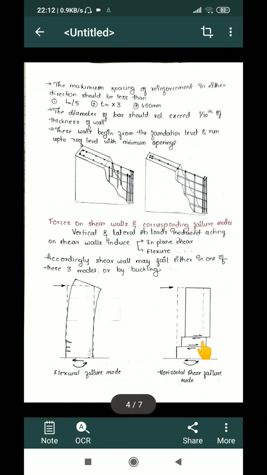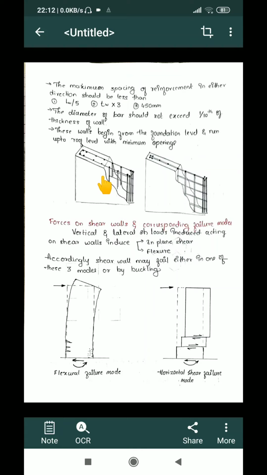Then, as for the maximum spacing of reinforcement, the spacing between any 2 bars should be less than length of the wall divided by 5, or 3 times the thickness of the wall, or 450 mm. Out of these 3 values, whichever is the least is considered as the maximum spacing, and we should never exceed that maximum spacing.